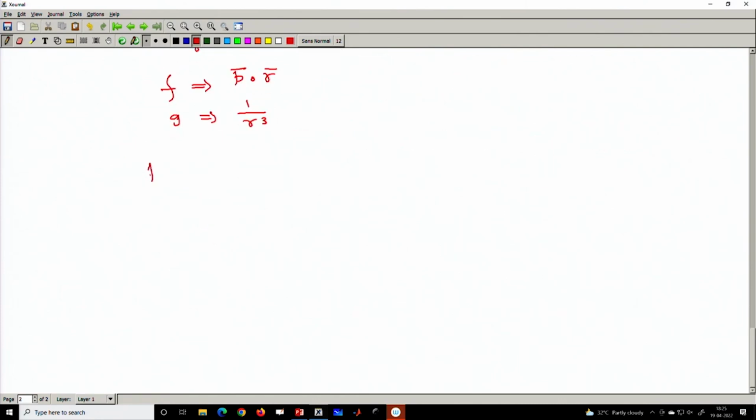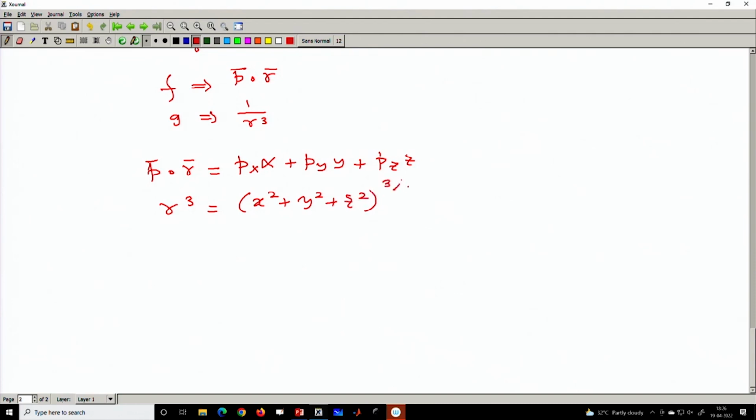So, the next step is to just find out p dot r. So, p dot r is simply p x x plus p y y plus p z z, and 1 by r cube is simply x square plus y square plus z square whole to the power 3 by 2.